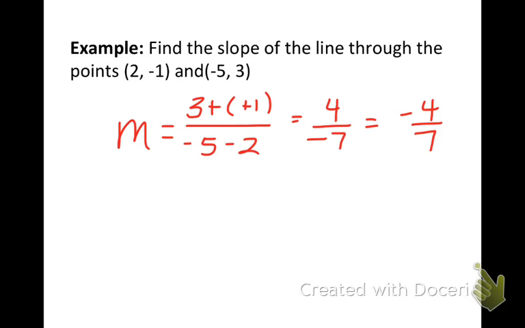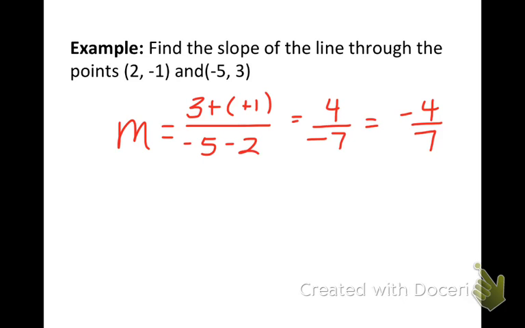It does not matter where the negative gets attached. Usually it's best practice to put the negative in front of the fraction, but it doesn't matter if you attach it to the numerator or the denominator. Can you find slope of 2 points? Yes.